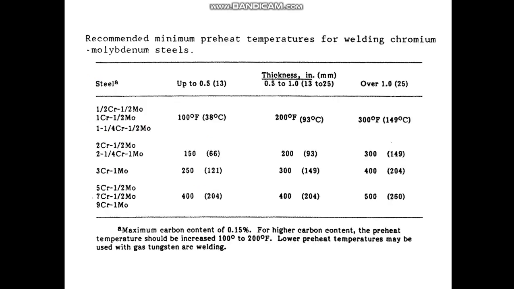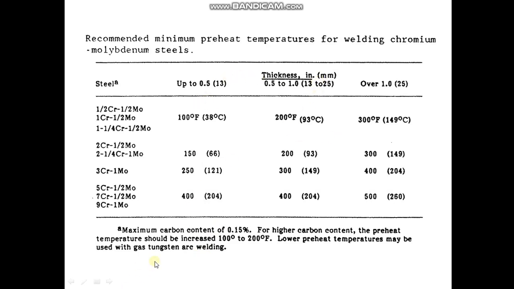Now this table recommends the minimum preheat temperature for welding chrome moly steels. On the left side you see various steels, half chrome half moly to 9 chrome 1 moly, and the second, third and fourth columns show various thickness ranges: less than 13 mm, between 13 mm and 25 mm, and more than 25 mm, with the recommended preheat temperatures in degrees Celsius and degrees Fahrenheit.